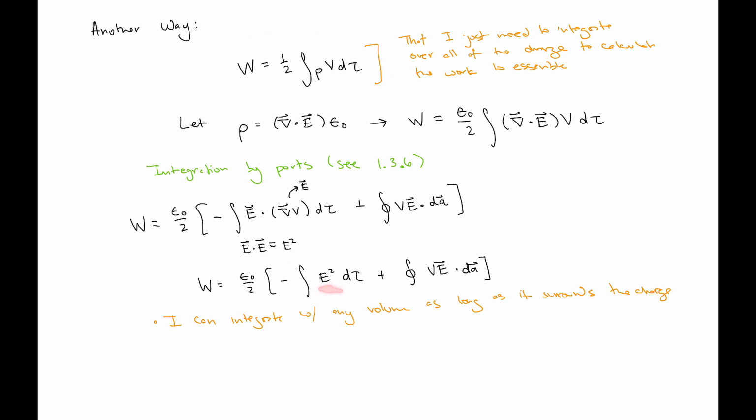But as this term gets bigger, this term is going to get smaller, because this is a surface integral of the potential times the electric field, which are decreasing with distance over that surface. So they actually balance each other out. The changes in this one and the changes in that one as I choose different surfaces balance out, and they're always equal when I sum them together to the same thing.